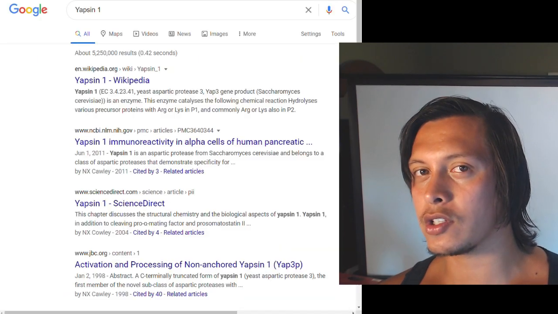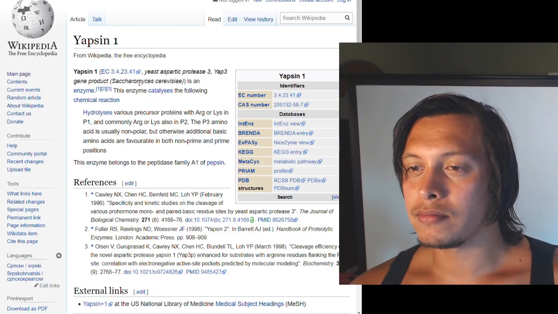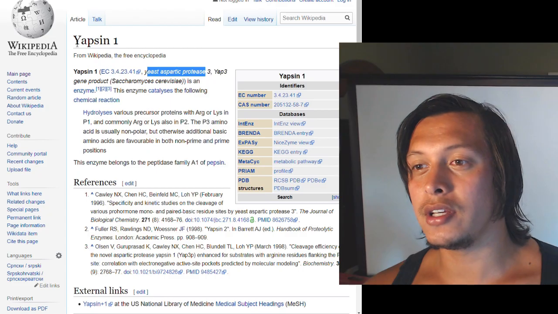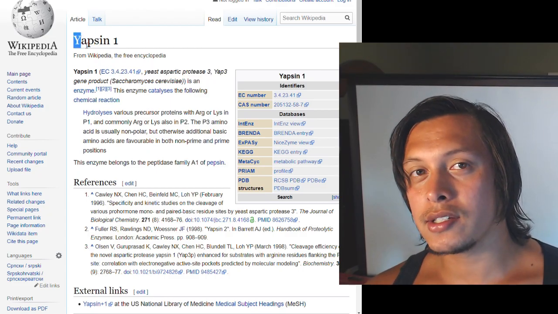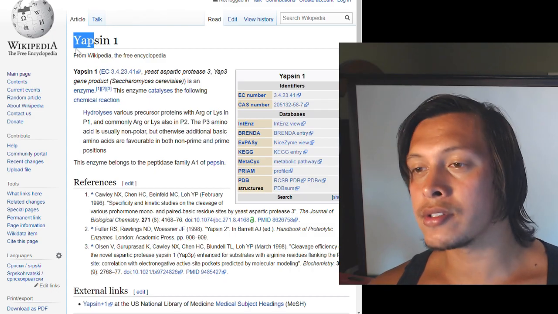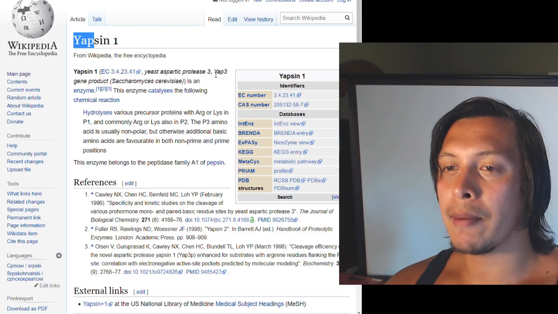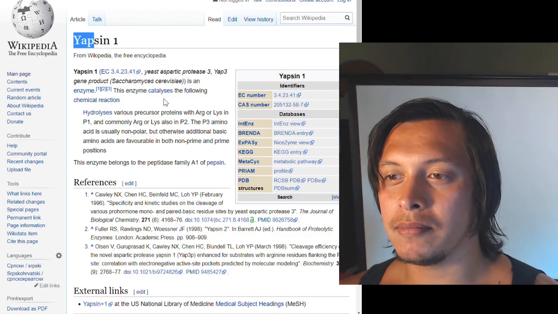Let's just look at this real quick. So Yapsin-1, also known as yeast aspartic protease 3. So YAP, yeast aspartic protease. So that's where the name is coming from. And YAP3 gene product. So it's an enzyme that catalyzes the following chemical reaction.